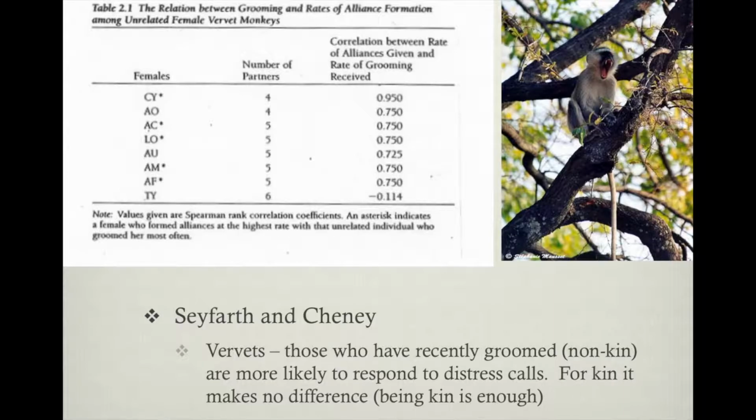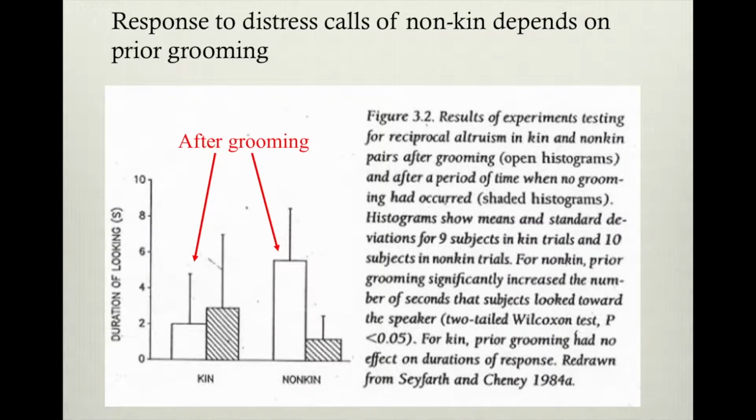Just the fact of being kin is enough. Non-kin, though, will respond at a much higher rate after a recent grooming bout than if they've not recently had a grooming bout. And so here, for kin, it's just enough to be kin. For non-kin, it matters whether you've engaged in some kind of reciprocal relationship.